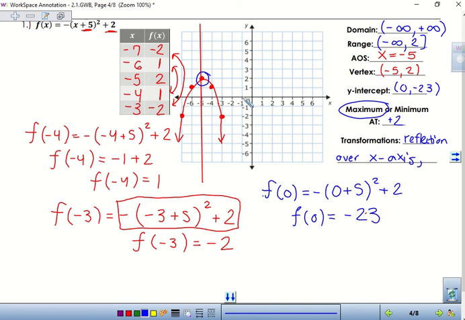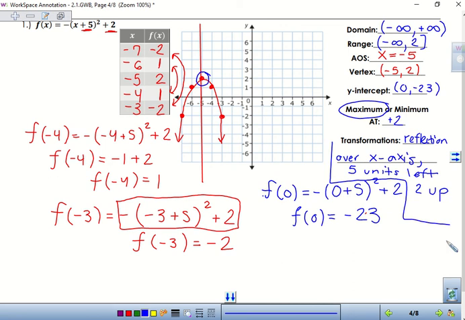So how many units has this been shifted to the left from the origin? Negative 5. Very good. So we went 5 units left. And how many units up did we go? 2 up. Alright. So pretty easy, right?